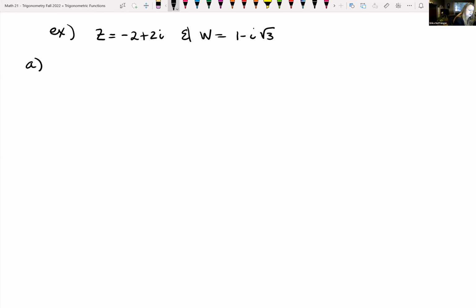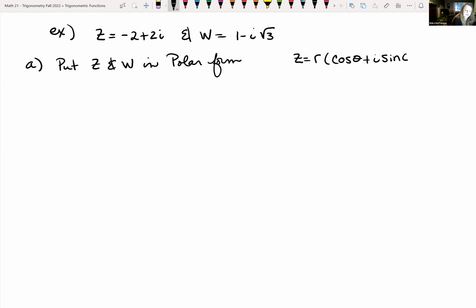You should be able to put Z and W in polar form. So polar form, recall, Z or W is R times the quantity cosine theta plus i sine theta.